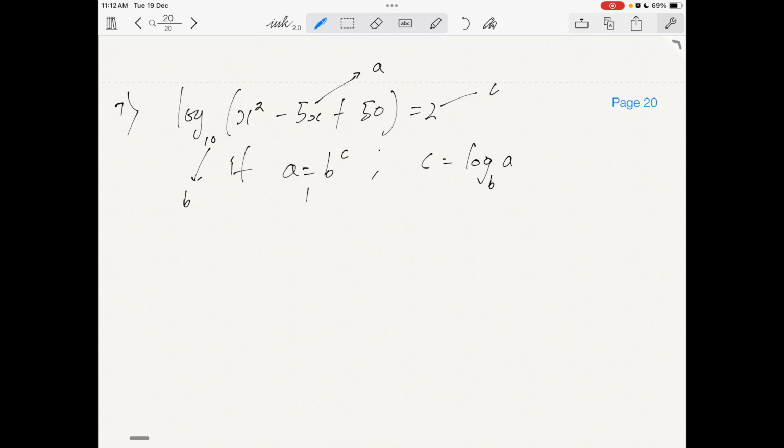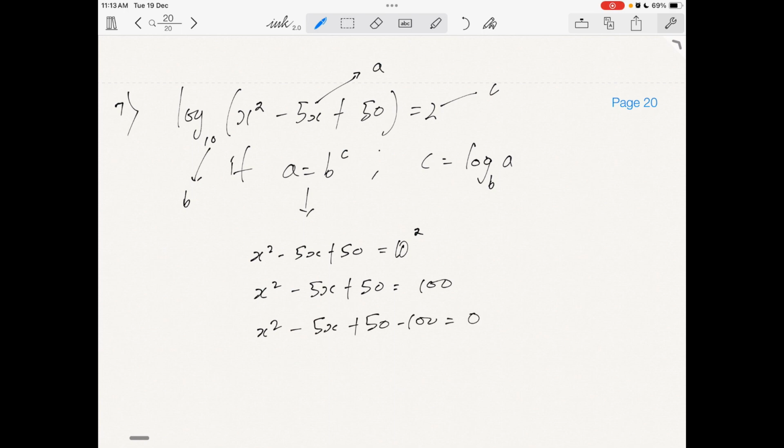If I apply this here, my a is x squared minus 5x plus 50, my b is 10 and my c is the power 2. So I have x squared minus 5x plus 50 is equal to 100. So x squared minus 5x plus 50 minus 100 is equal to 0.